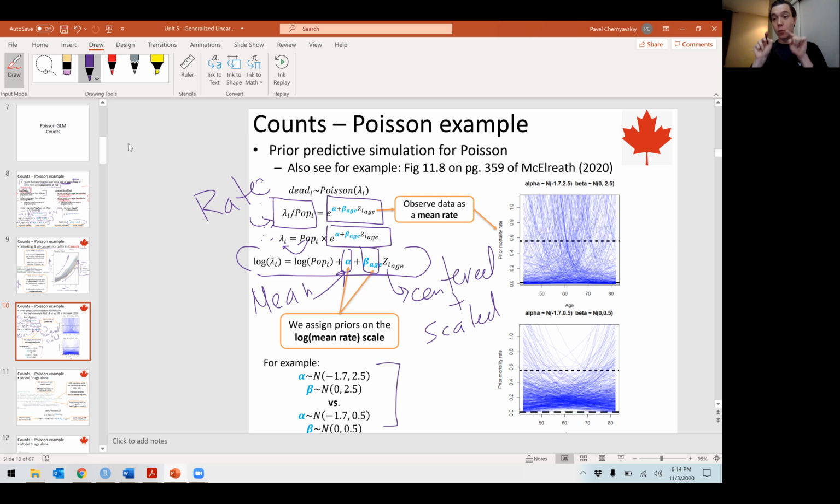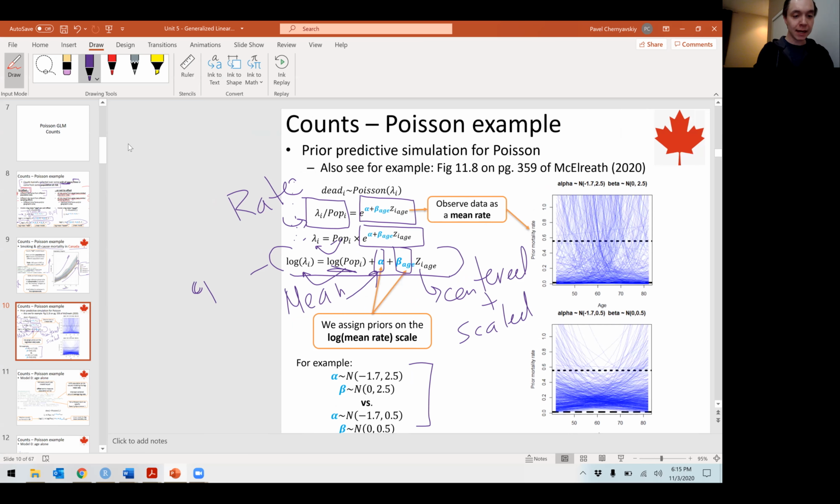But the mean of what? The mean of the log mean rate, right? If I move this over to this side, I'm going to get the log of lambda over the population, which is the log mean rate.